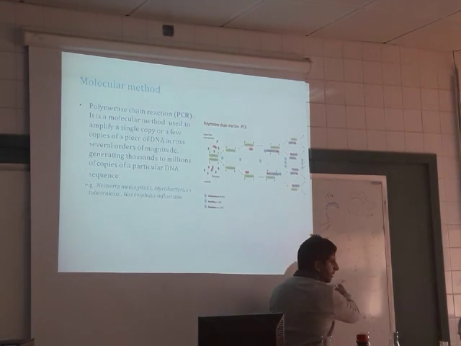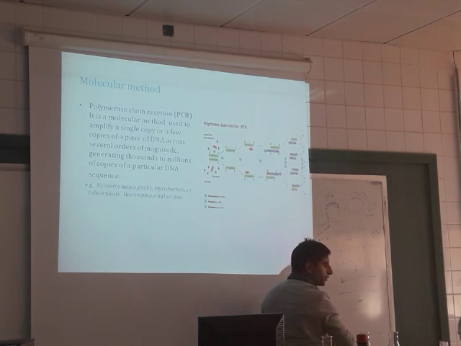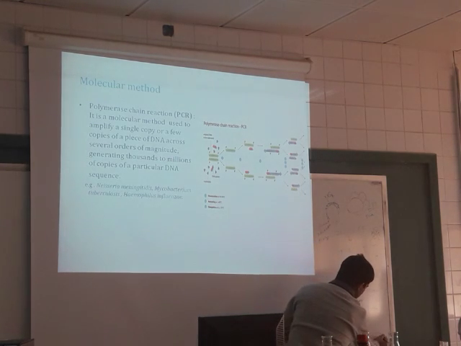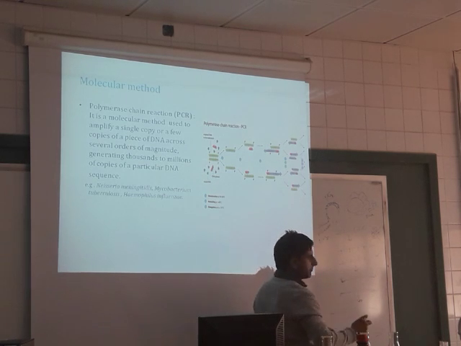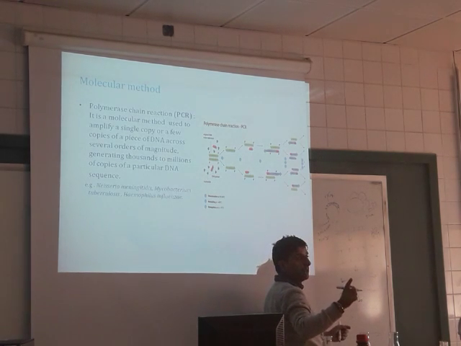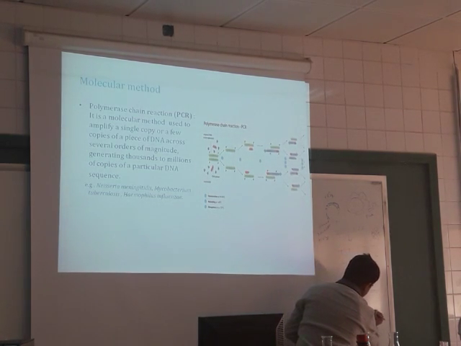Next step, the primer will come and bind here and here. This is the DNA, and this is the primer. Now, with the help of DNA polymerase, the bases will come and join here. Understand?